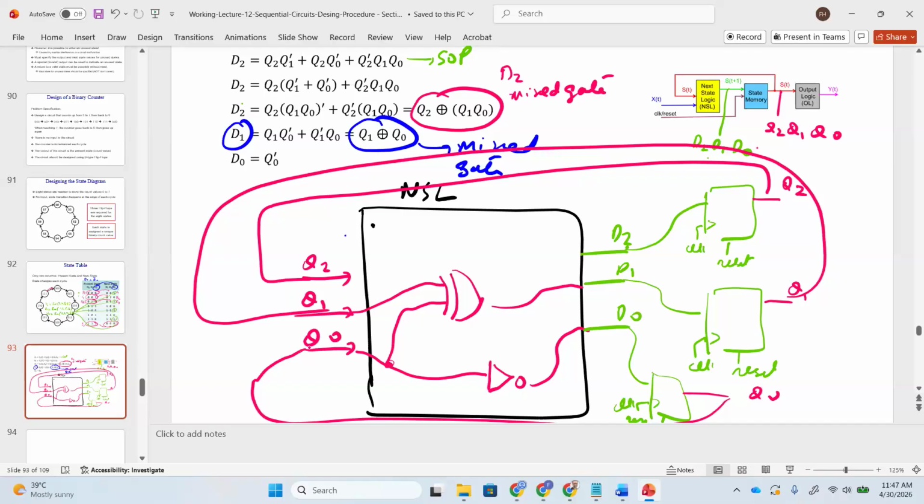Any question? Clear or not clear? Clear. And then you can also find the expression for D2. D2 is basically some blocks here, and I'm not going to explain that. You can do it from here. Any question?